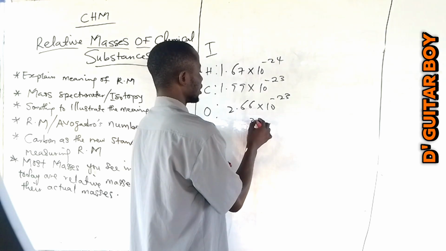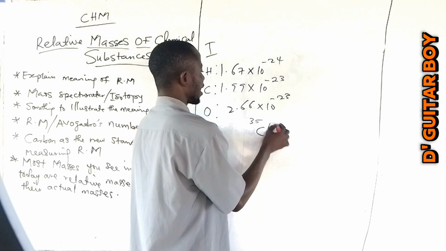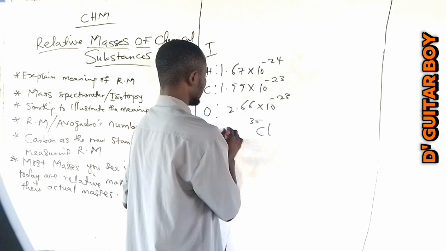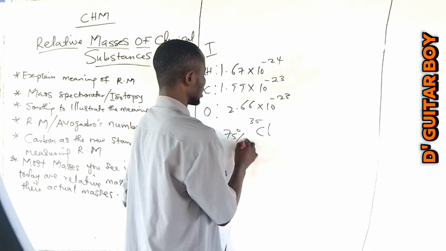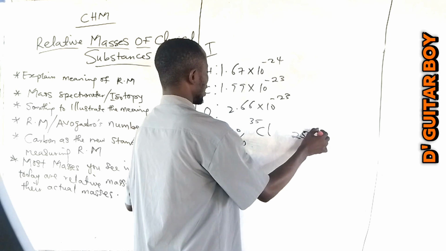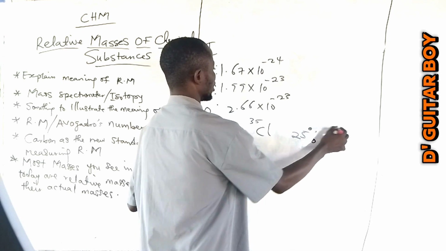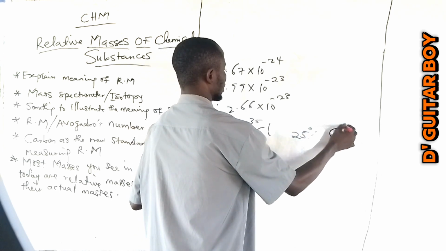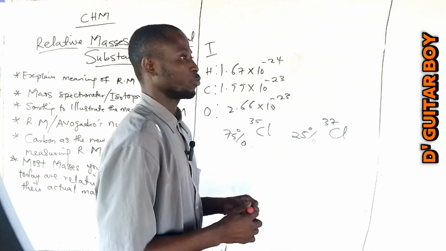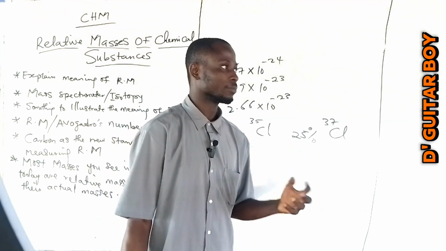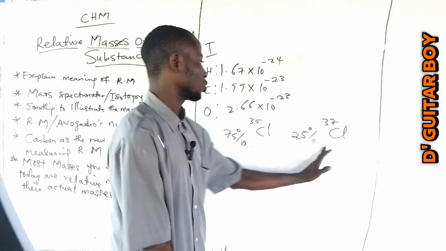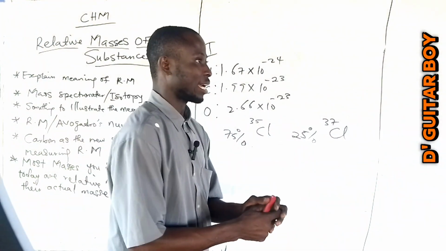Chlorine 35 has 75% abundance. Then chlorine 37 has 25% abundance, which means whenever you have chlorine, you have both.